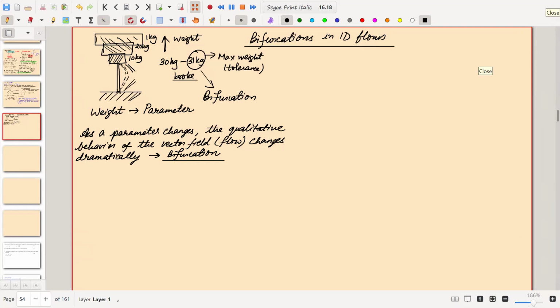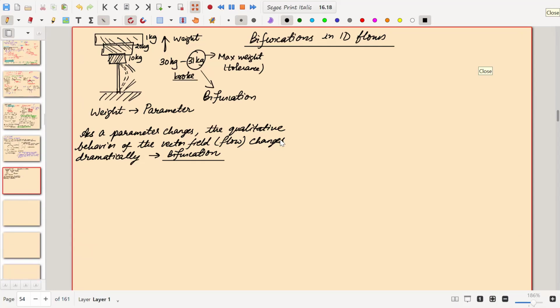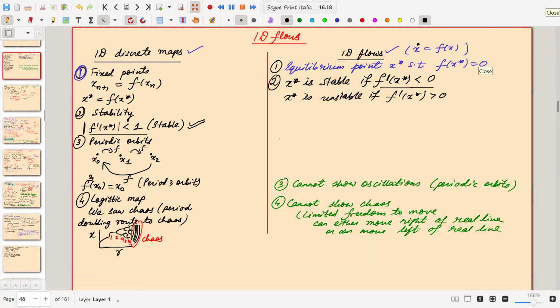Now, there are many kinds of bifurcation exhibited by 1D flows. Even though all they can do is stay at one point or diverge, due to these two things they show a lot of bifurcations. So what are those bifurcations? Same as 1D maps, 1D flows also show bifurcations.